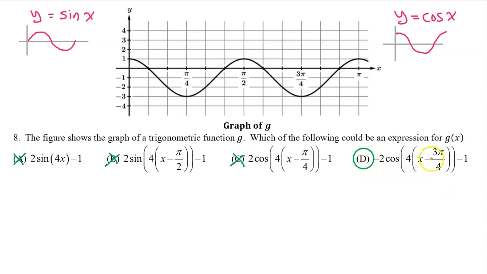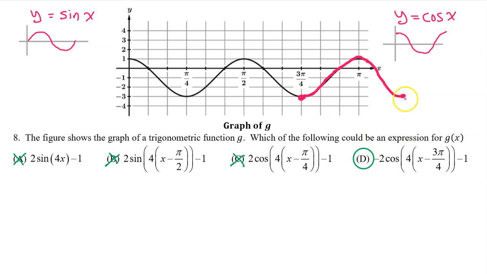The c value is negative 3 pi over 4. Therefore, the phase shift is positive 3 pi over 4. That means that one period of this function will start at positive 3 pi over 4. So I'm going to trace one period of function g starting at 3 pi over 4, and then I'm going to look to see if we have a match.